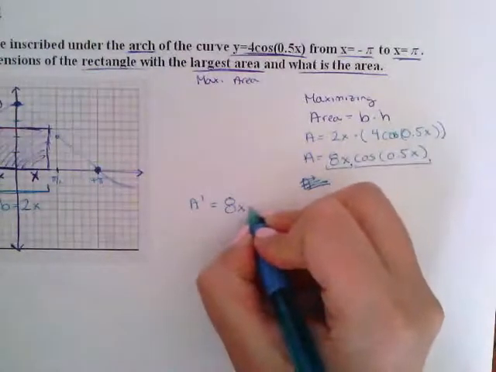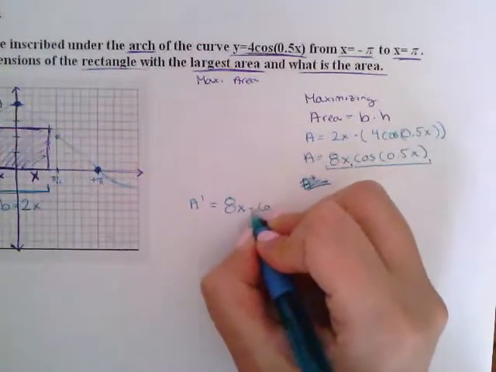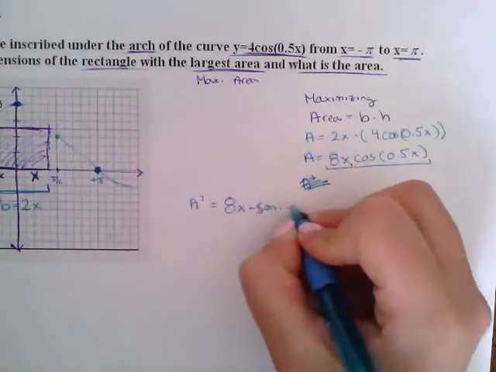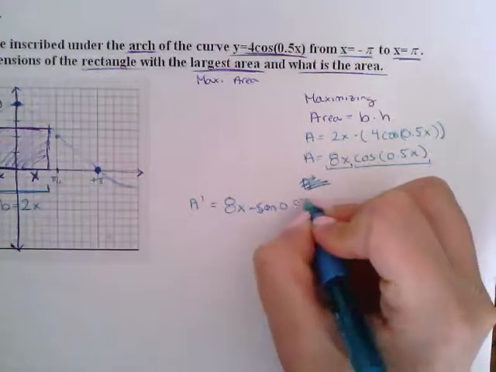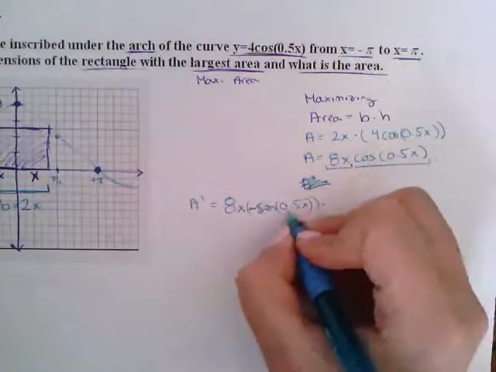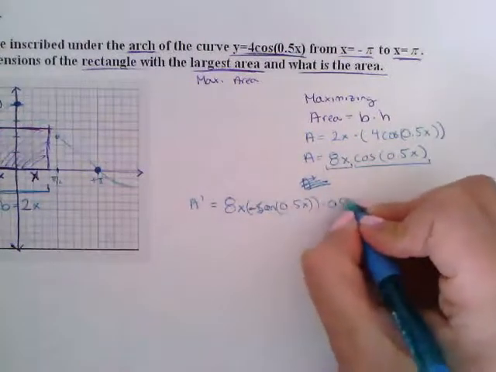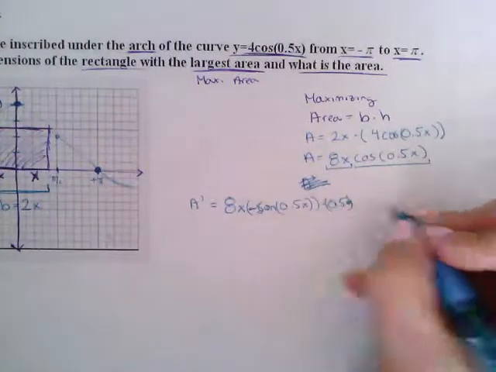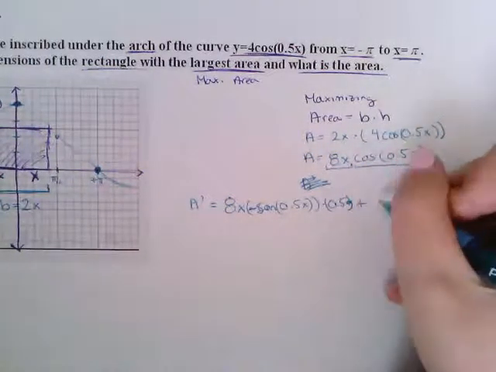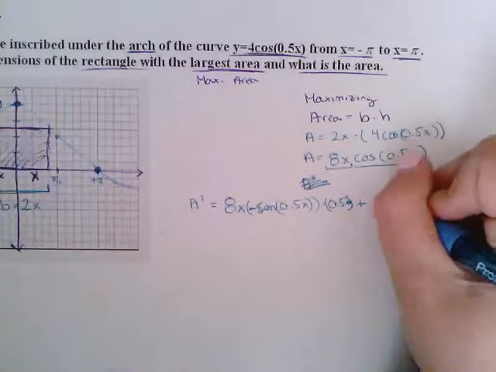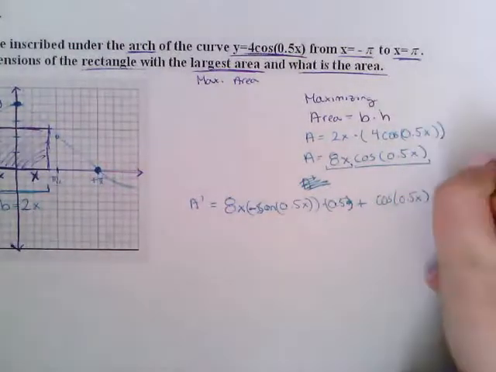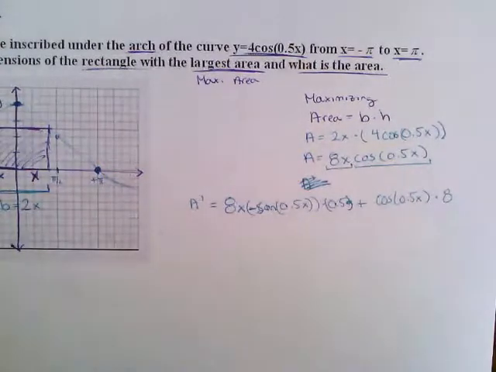And the derivative of the second is going to be the derivative of the outside, which is negative sine of 0.5x, times the derivative of the inside, which is 0.5. Okay, plus the second guy as he is, which is cosine of 0.5x, times the derivative of the first, which is 8.